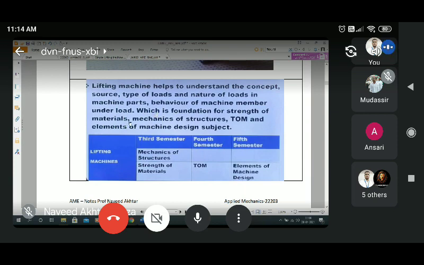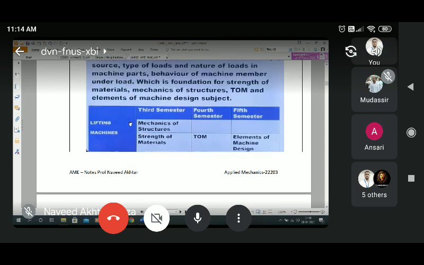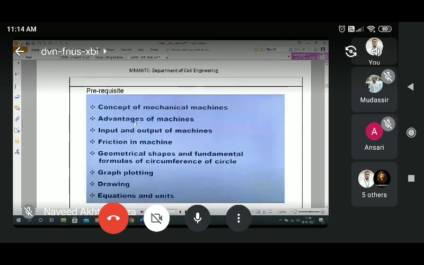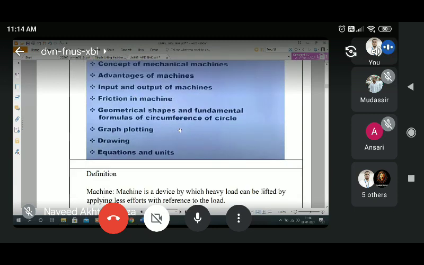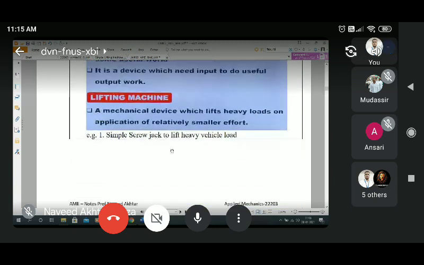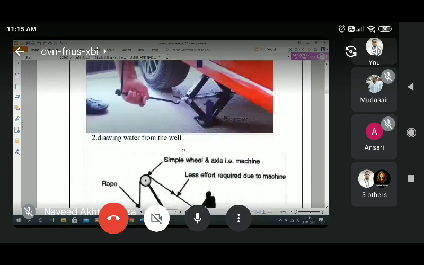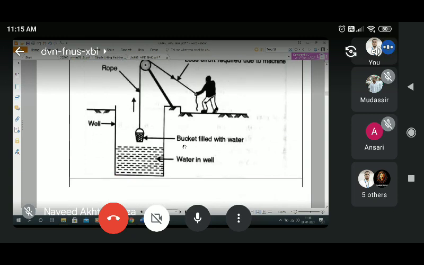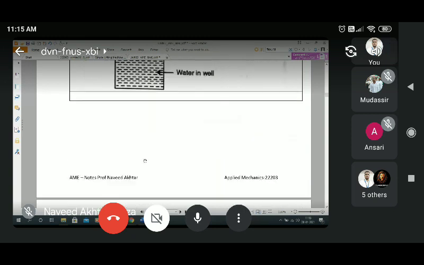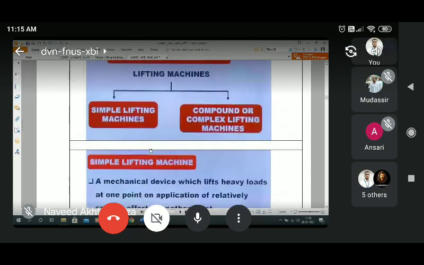Lifting machines help to understand the concept and types of loads and natures, machine parts, and behavior of machine members under load, and the prerequisite concepts. We have also seen the definition of machine and lifting machine, simple screw jack, simple wheel and axle, pulley block, and types of machine, simple machine and compound machine.